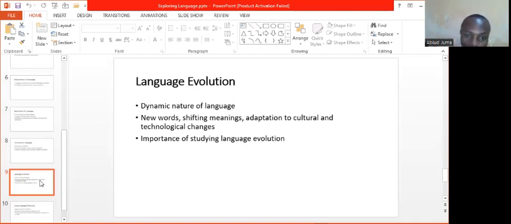As you students, we have some words that never used to mean what you understand now. And this encompasses some language like Sheng. You find a certain word that was used earlier, meaning different from what you now understand in this generation. So it has kept on shifting meanings so that it can adapt to cultural and technological changes.